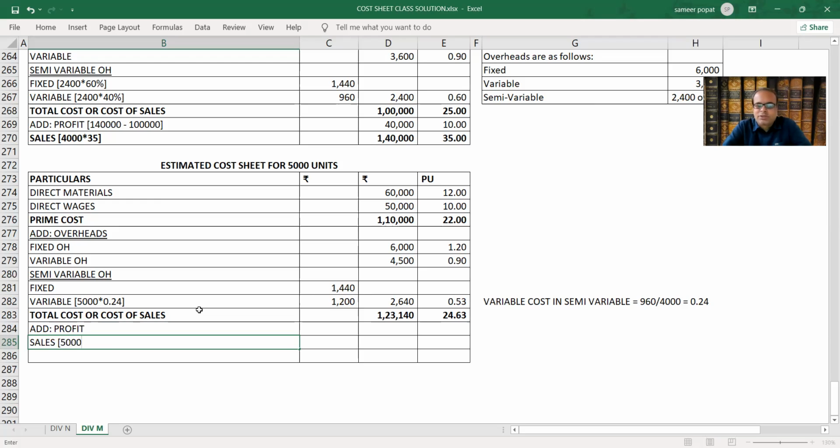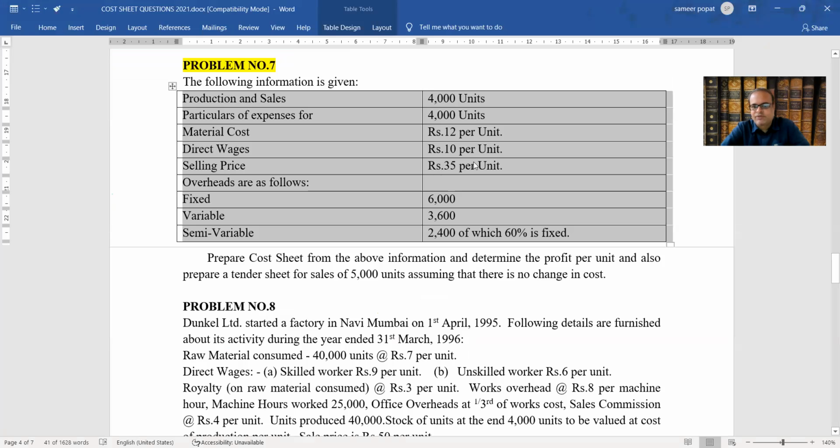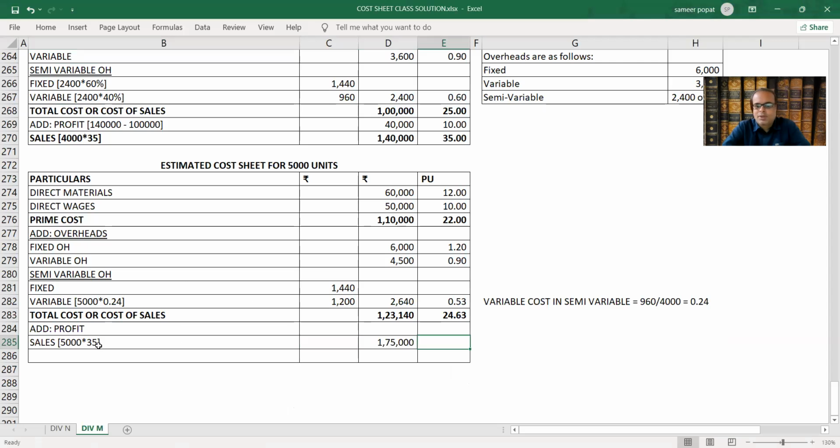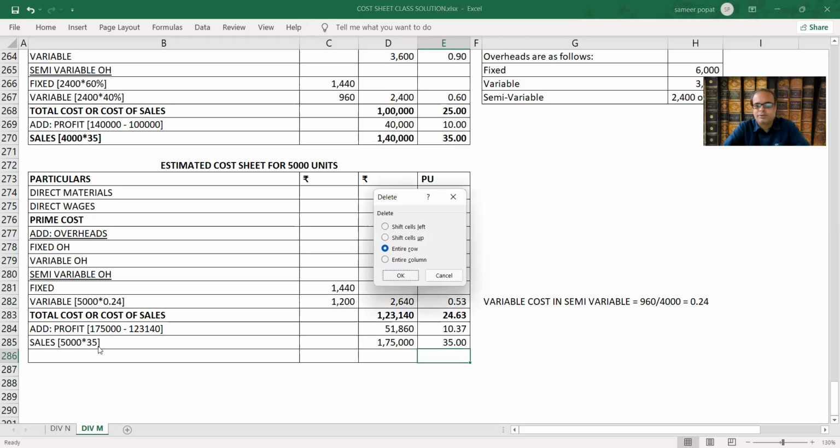Now sales would be 5,000 units into 35. Selling price is already given to us. 35 is your selling price. Multiplied by 5,000 units, you will get total sales. Now balance figure would be profit, 175 minus 123, 140. 51,860 divided by 5,000, you will get per unit profit 10.37.